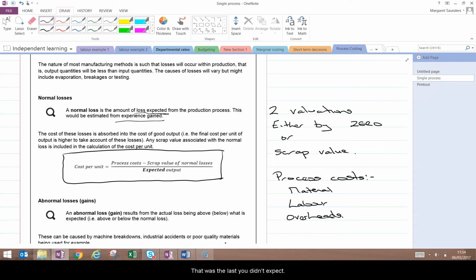That was the loss you didn't expect, and you use it to value your abnormal gain. Just a reminder, your abnormal gain is where you didn't lose as much as you expected to lose.